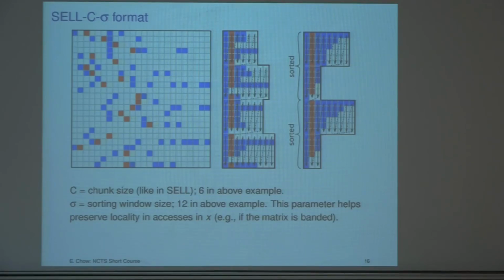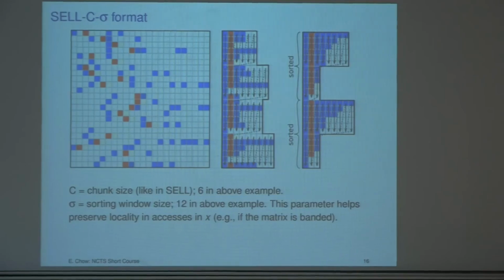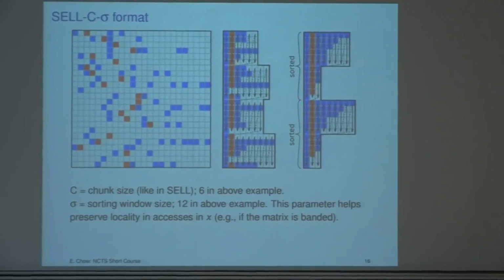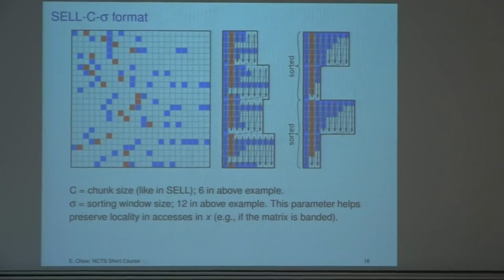But the interesting thing is that instead of sorting all of the rows together, we only sort within a window. So in this example, we're sorting in a window of 12 rows. Okay? And the reason for doing that is that we don't want to have some row potentially be moved anywhere in the matrix or done at any time. So it will only move a little bit, right?